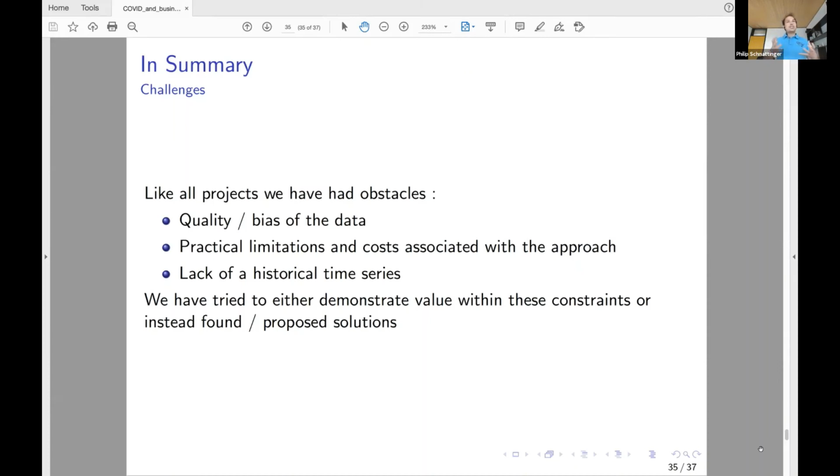Our biggest obstacle is that there are some practical limitations towards the cost.